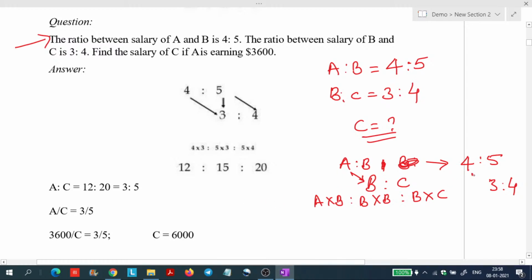So here A B is 12, then B is 15, then 20.